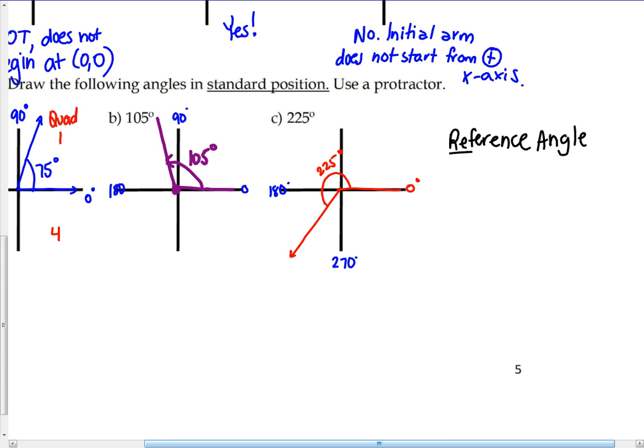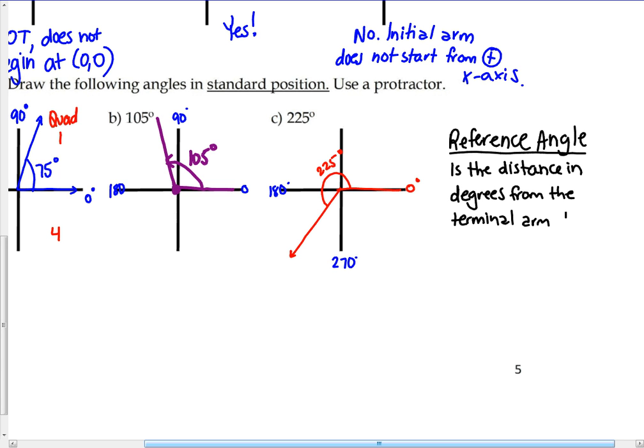A reference angle is the distance in degrees, if that makes sense, from the terminal arm to the closest x-axis. So not necessarily the positive one, it could be the negative one.